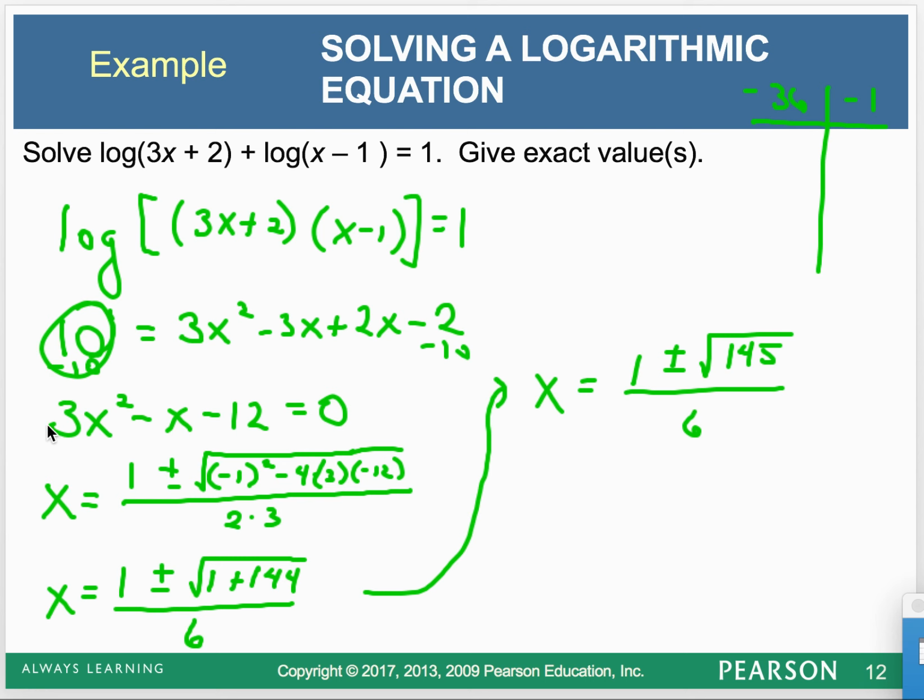Negative 36 and negative 1. Okay. So if you're on your homework, just plug those in and see which makes it. Let me real quickly get myself also 1 plus square root of 145.